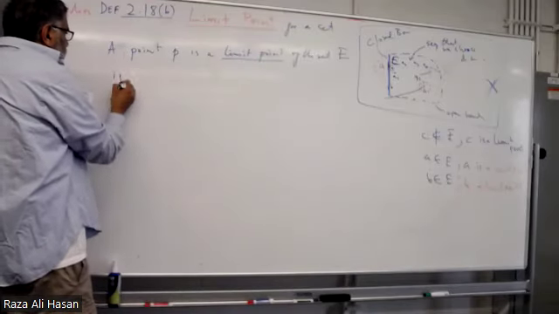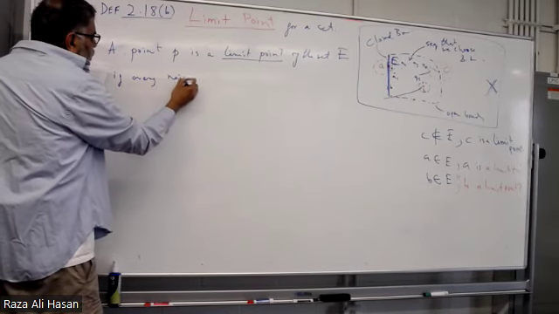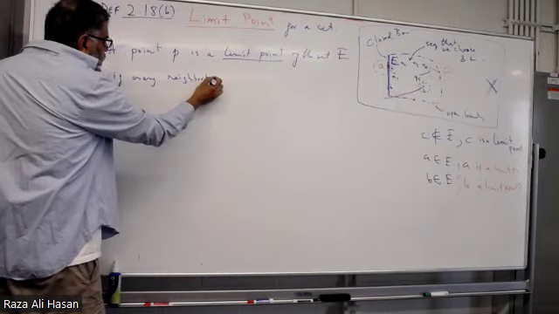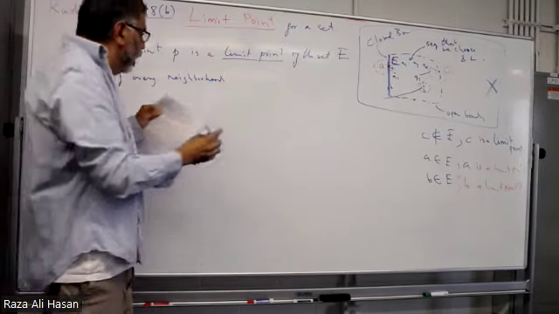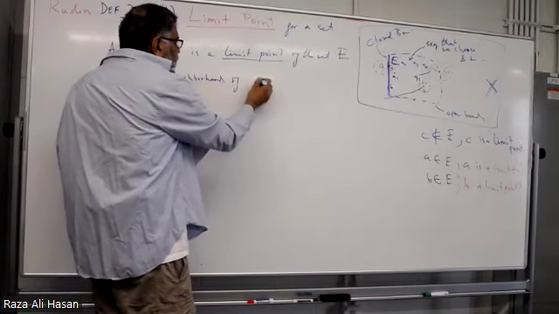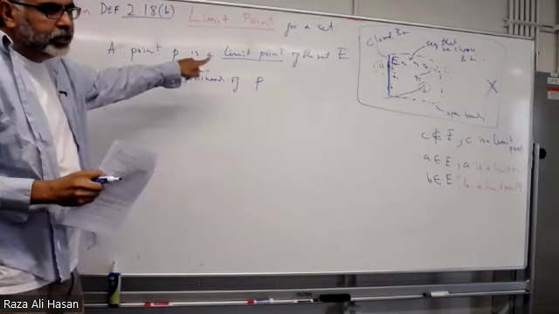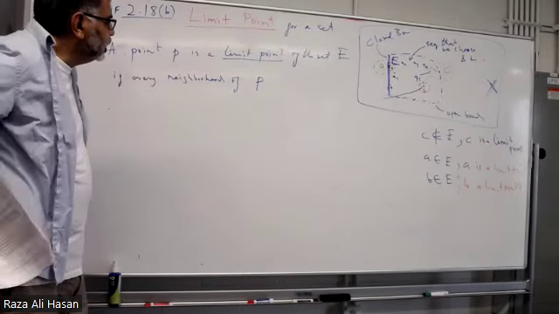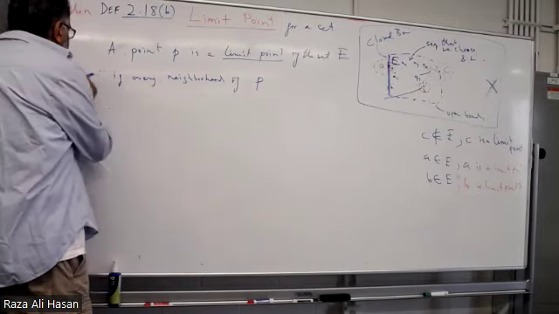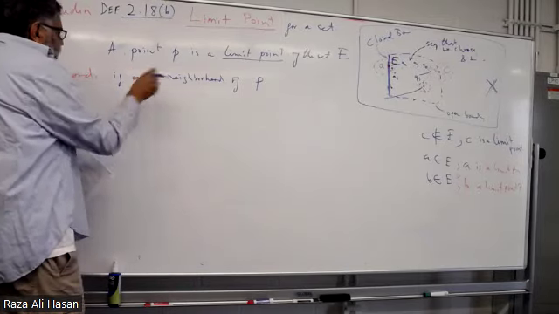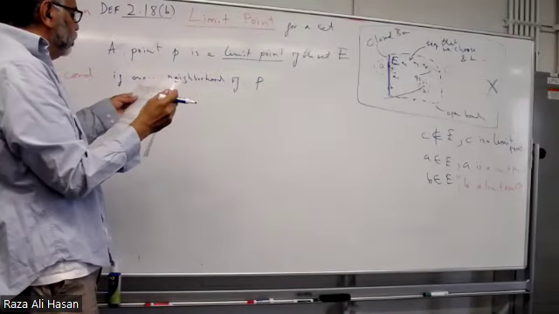If every neighborhood, however small or big, of this point P, which right now is a candidate limit point, satisfies the condition, and this is where the condition comes in, this is the condition line here, then we can call point P a limit point.